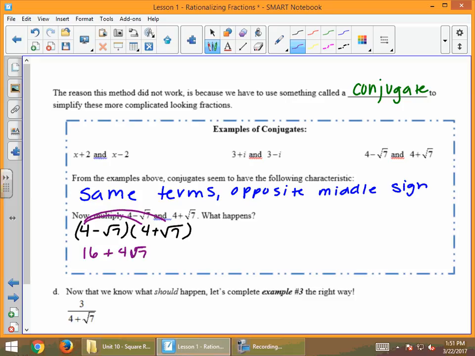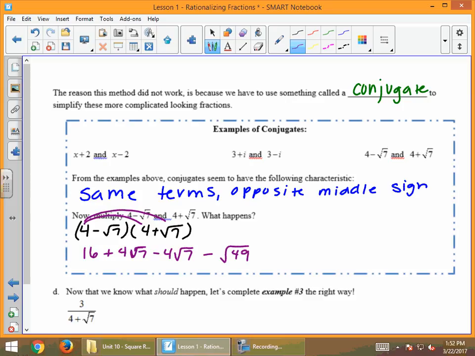And then negative radical 7 times 4 is just negative 4 radical 7. And then a negative times a positive is a negative, and a 7 times a 7 is a 49. So that becomes negative radical 49.